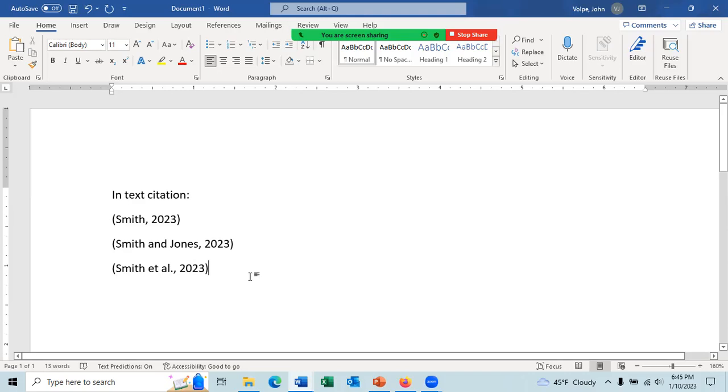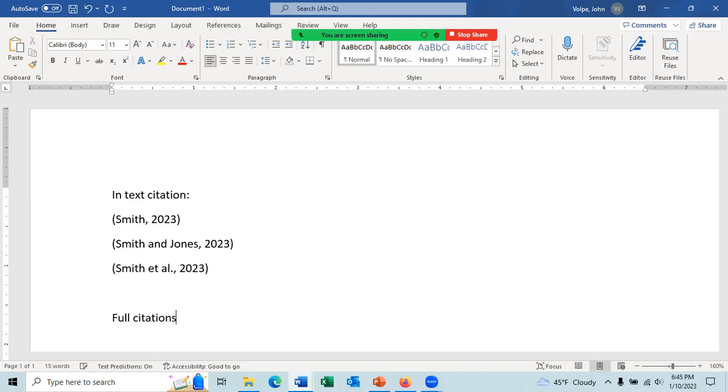Now, in the full citation, you have to give, generally speaking, all the authors' names, and usually you give their last name and then their initials.